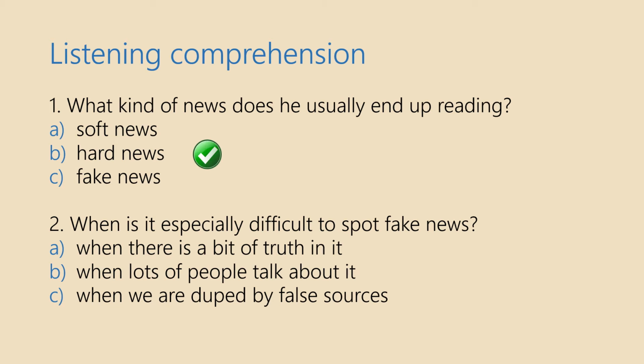When is it especially difficult to spot fake news? A. When there is a bit of truth in it. B. When lots of people talk about it. C. When we are duped by false sources. And the correct answer is A. When there is a bit of truth in it.